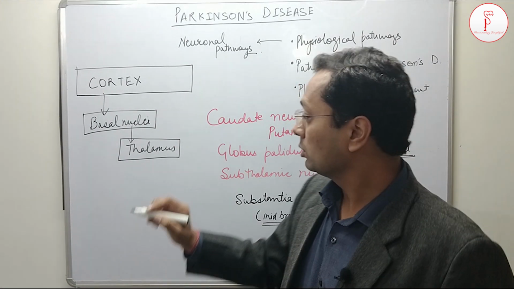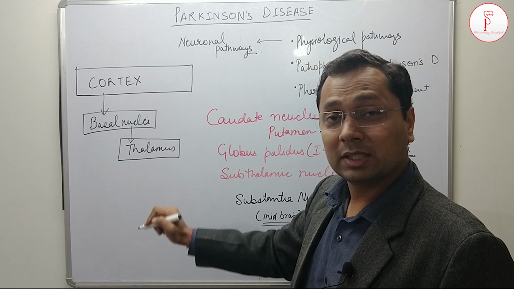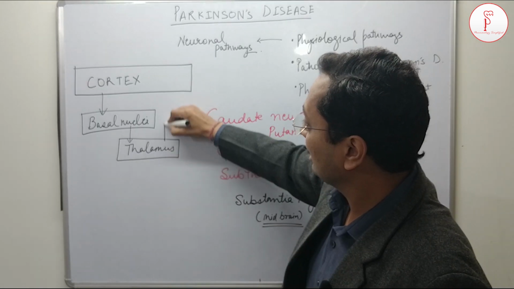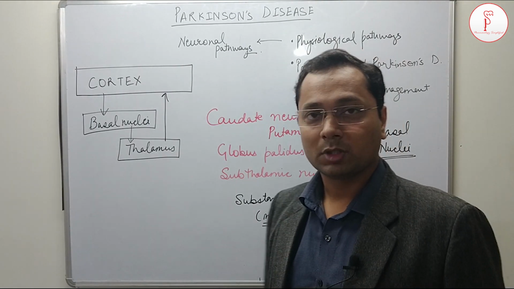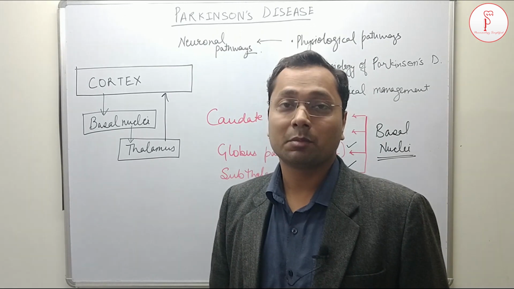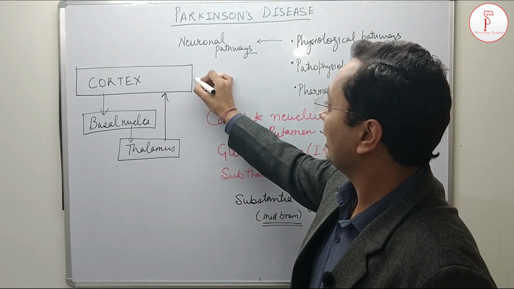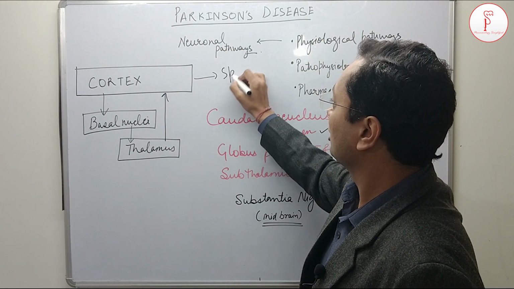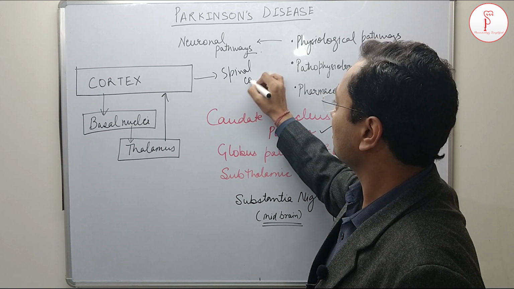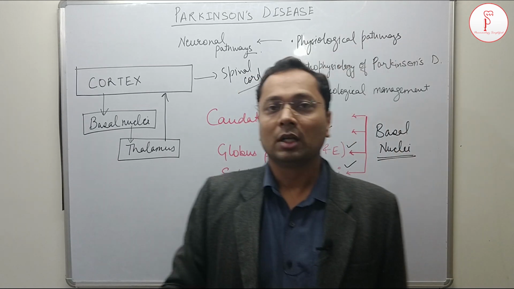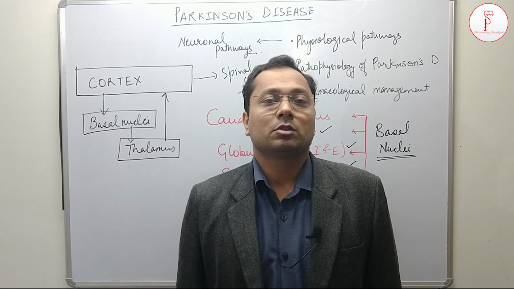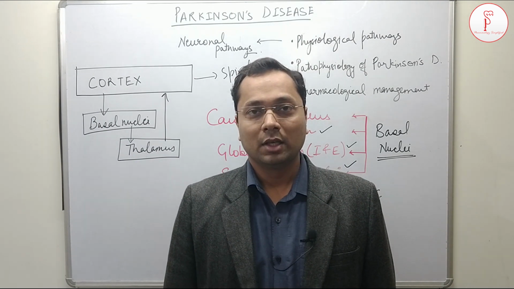I'm not going into the detail of those. Now this thalamus sends the signal back to the cerebral cortex, and from the cerebral cortex these signals go to the spinal cord, and from the spinal cord they are propagated to the skeletal muscles.